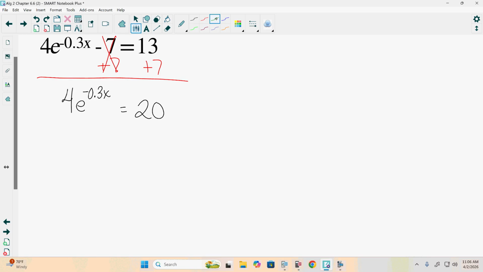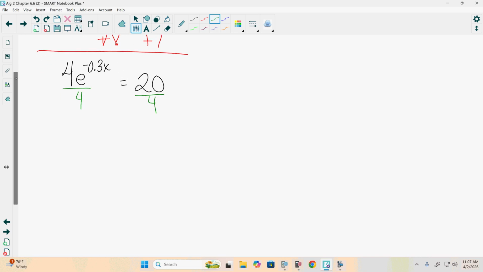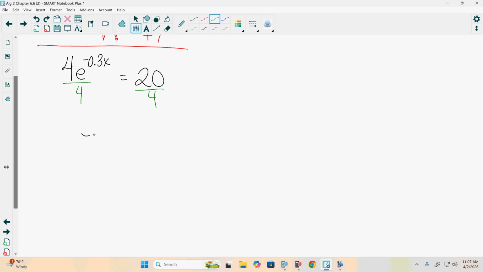e is not by itself, that base is not by itself on the left-hand side. So what we're going to have to do next is what? We're going to have to divide both sides by 4.